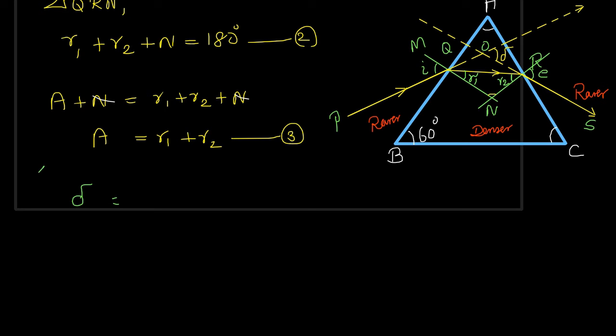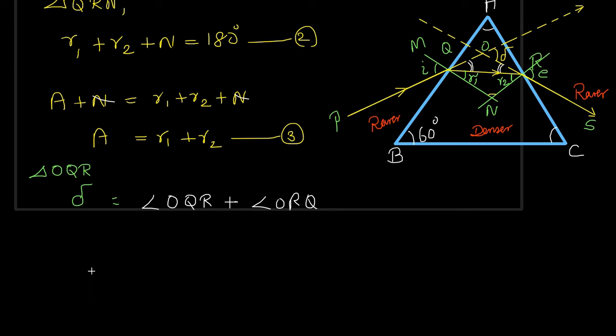From triangle OQR, delta is equal to the sum of these two angles, this angle plus this angle. So I can call delta equal to angle OQR plus angle ORQ.